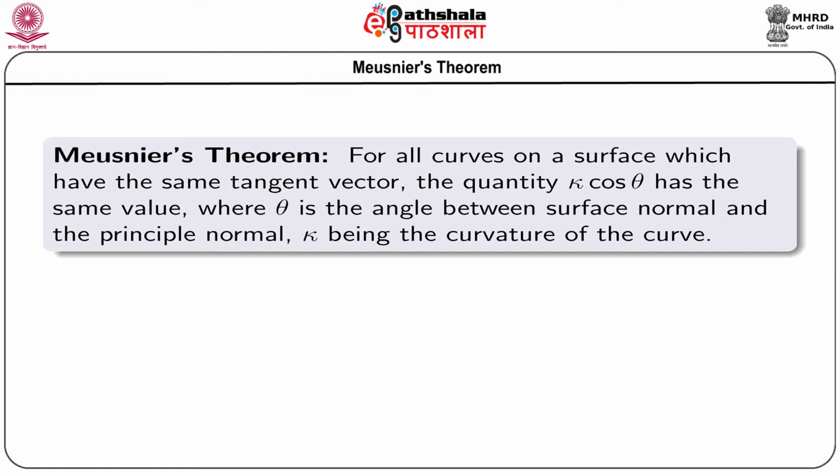That means, the surface normal is a space vector and principal normal of the curve is also a space vector. So, we are considering theta as the angle between surface normal and the principal normal, and kappa is the curvature of the curve.